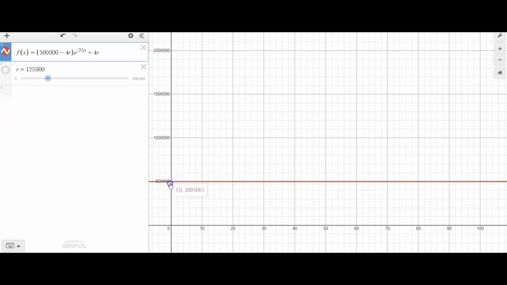That is, the rate at which we're fishing must be equal to the rate at which they're reproducing. So 25% of 500,000, if you think about it, is going to be 125,000. So if the rate at which they're reproducing is equal to the rate at which they're being fished, then obviously there's not going to be any change in the population.